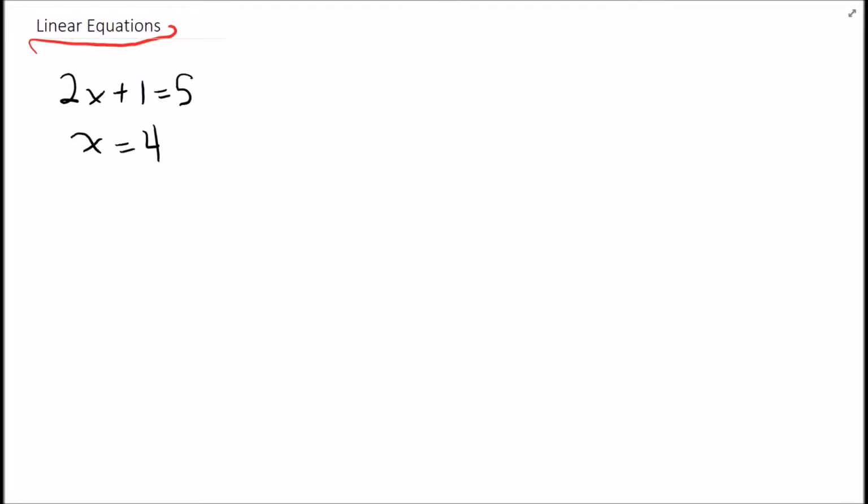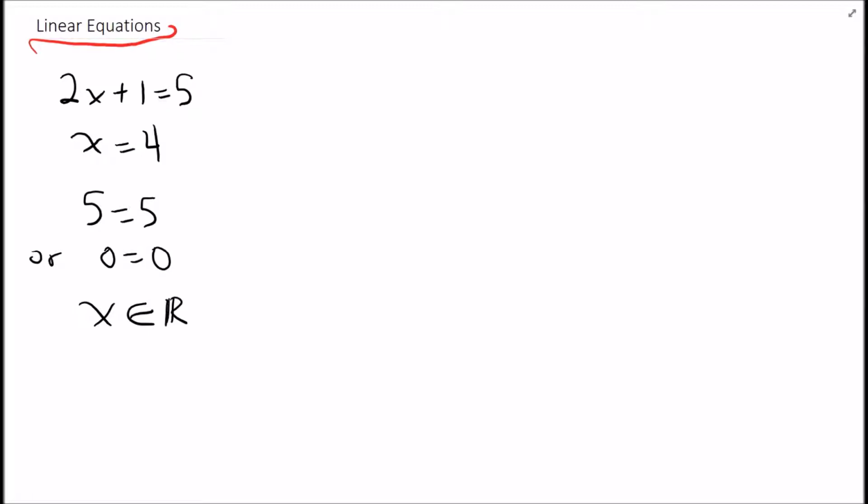One thing to keep in mind when we do solve, if the letter ends up disappearing, so we end up with something like 5 equals 5 or 0 equals 0, that actually means that any value would be true. So if x was the letter and for some reason it disappeared and you got something like that, then that means that x could be anything.